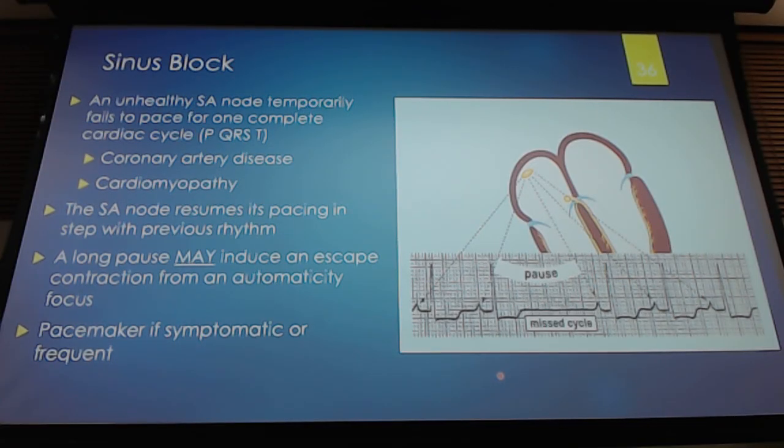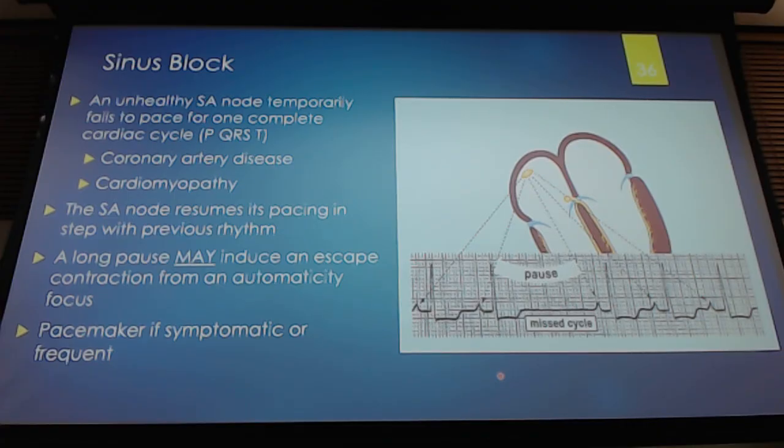So sinus block. When we have sinus block, the SA node appears to be firing okay, but then we skip an entire cycle of PQRST. So we've got PQRST, PQRST, and then we seem to have a delay. And we're like, well, what happened here?